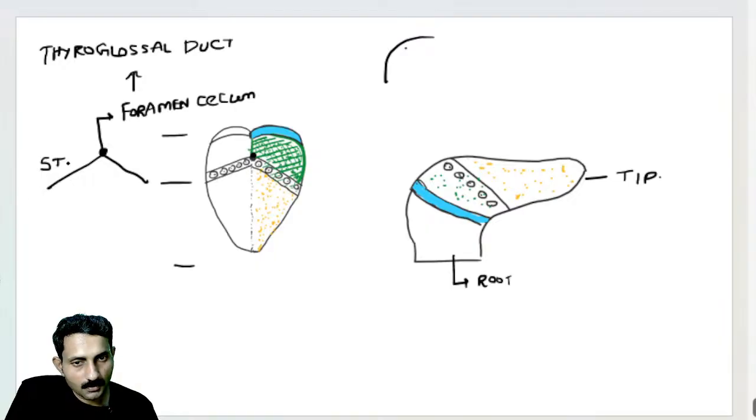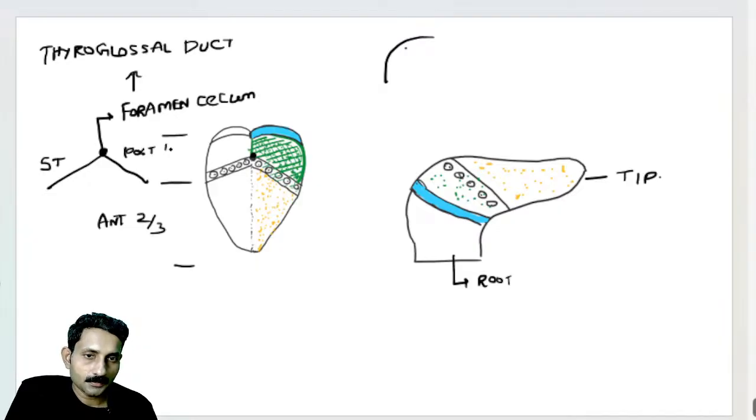Now, what is the name of this line here? It's called sulcus terminalis. The sulcus terminalis divides the entire tongue into anterior two-thirds and posterior one-third. We also have a posterior most part even behind that.